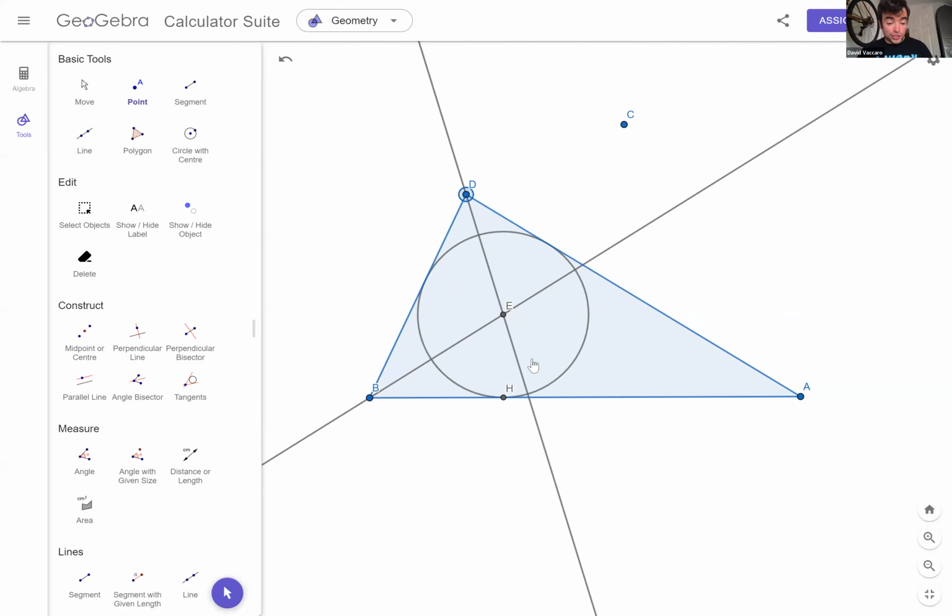If you work on the sheet, there's some nice bits of geometry based around the incircle. There's also other circles that you can draw called the excircles, and the high point of the sheet is that it will prove a lovely little bit of mathematics called Heron's formula, which gives you the area of a triangle in terms of its side lengths.